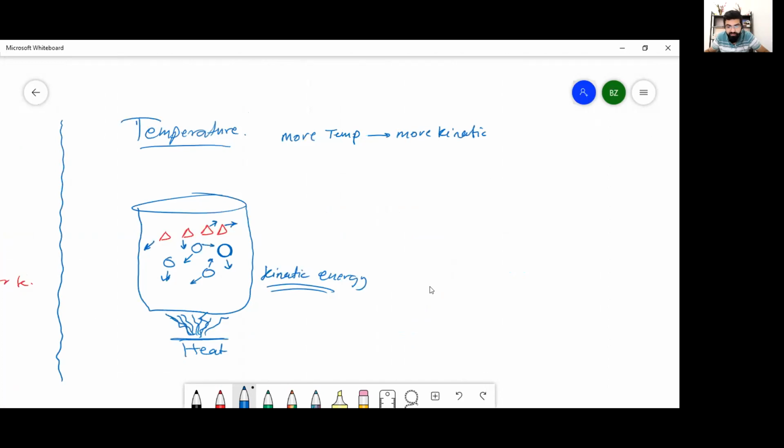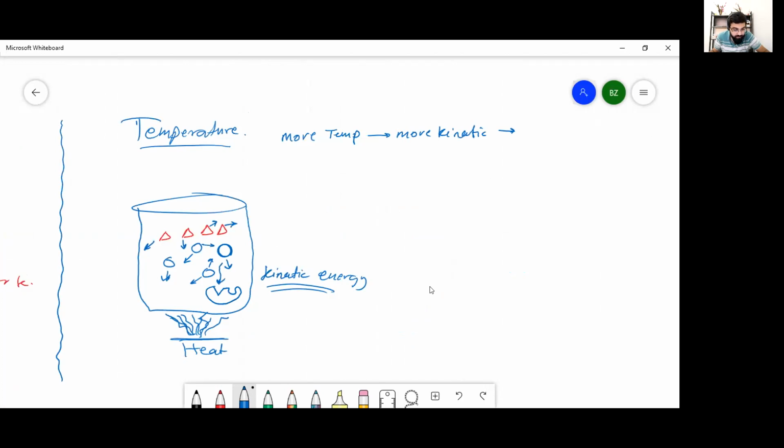So that's how enzymes work. If you put enzymes, the molecules also need kinetic energy to collide with the enzymes and attach on the active site.